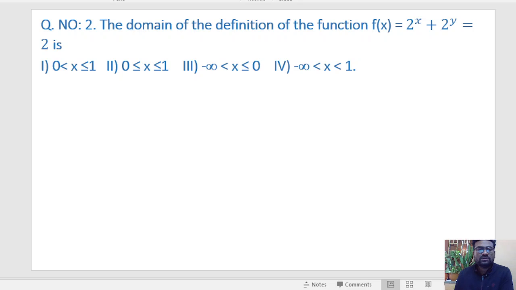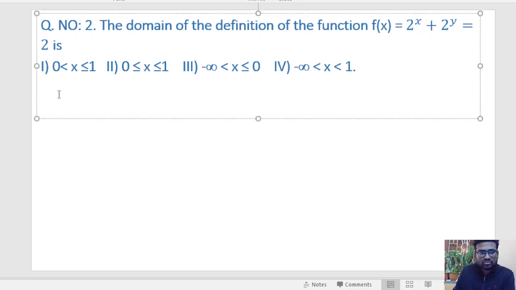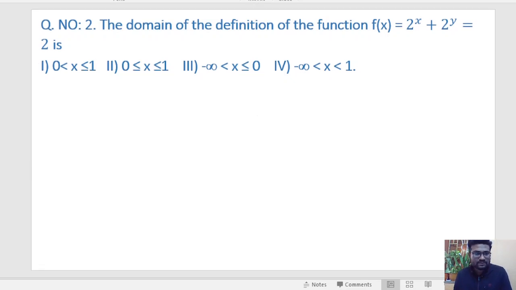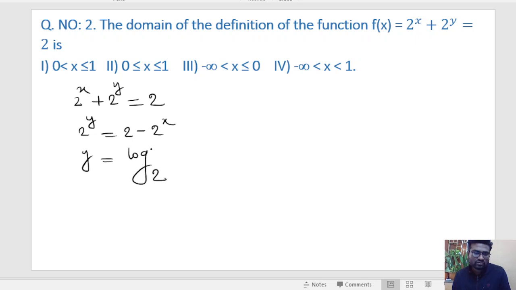Okay, so at first, 2 to the power x plus 2 to the power y equals 2. We have to find the domain of the function. 2 to the power y equals 2 minus 2 to the power x, so we can write y equals log base 2 of (2 minus 2 to the power x).